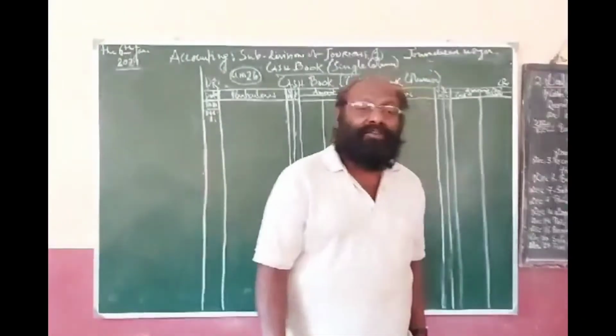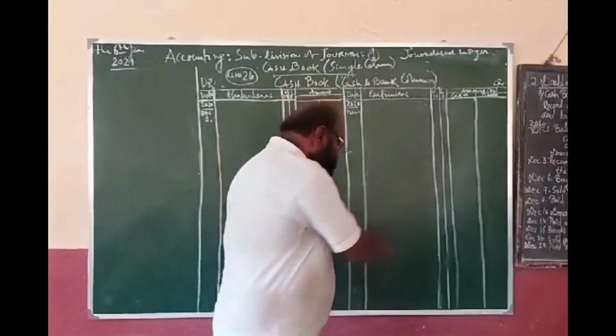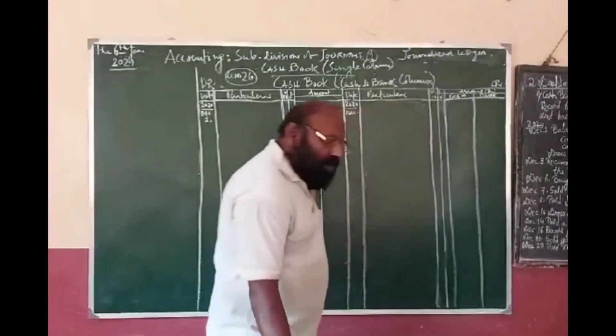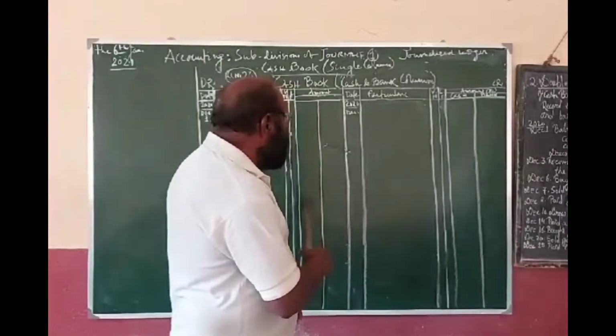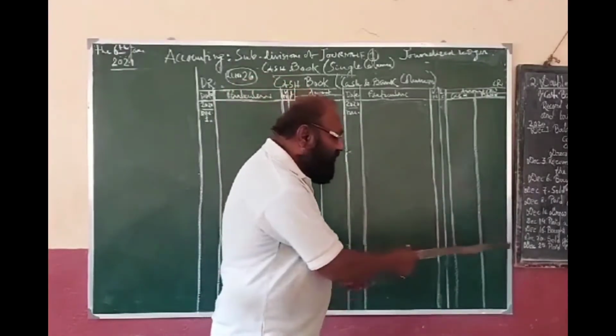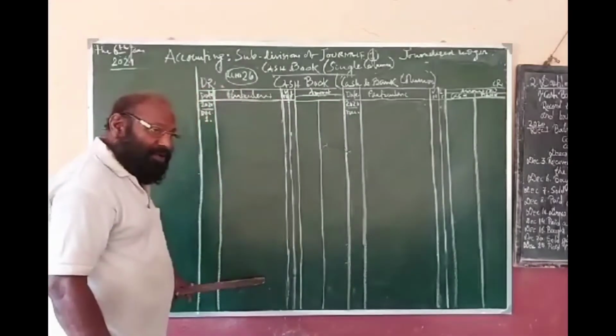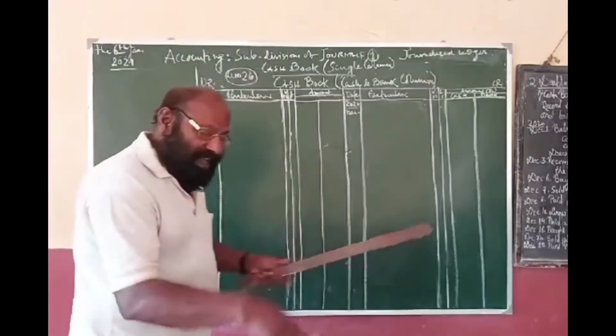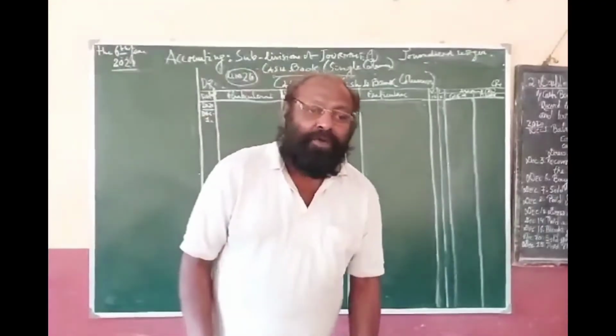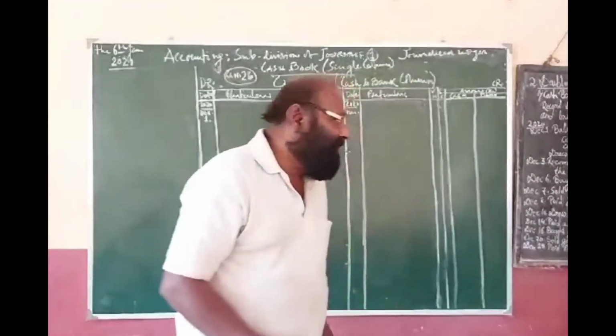Yesterday I showed you how the balances are to be brought down. We got the difference between the debit side and credit side of the cash asset, there was a debit balance, and that balance has been brought down. And in the following month, we should start with that balance.